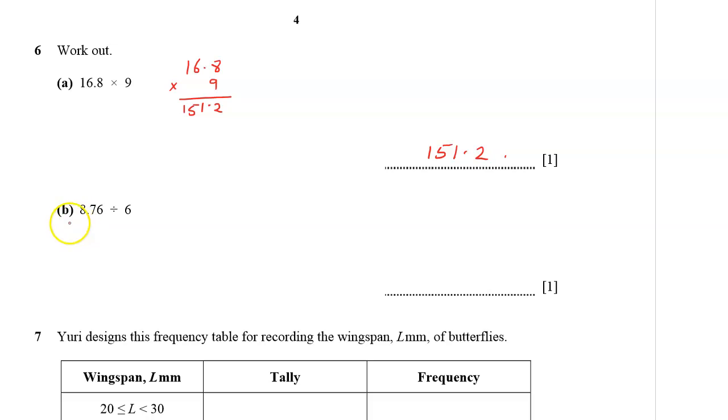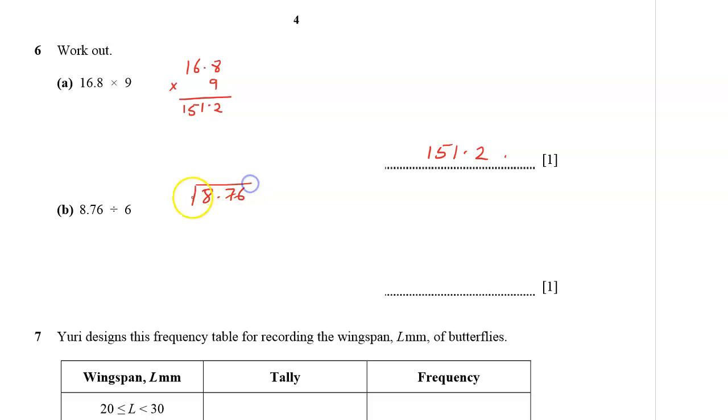Next, part B. 8.76 divided by 6. I prefer to go the long division route. Remember, in this kind of paper, you are instructed not to use a calculator. So you do the long division.